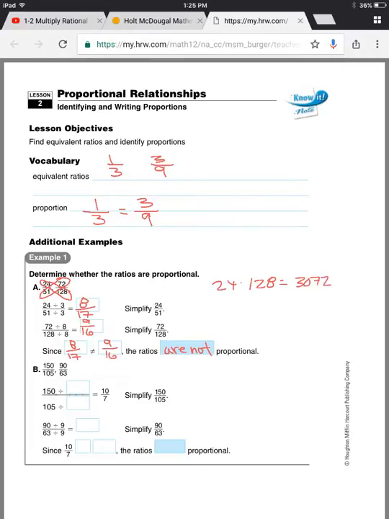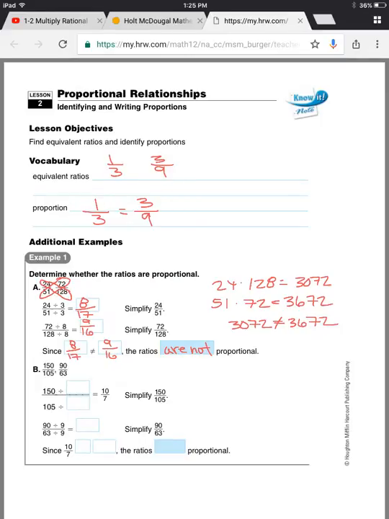And then you would multiply 51 times 72. And when you do that, you get 3,672. And because 3,072 is not equal to 3,672, that shows they are not proportional as well.